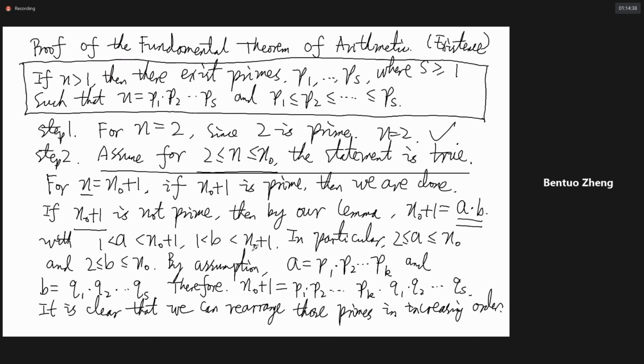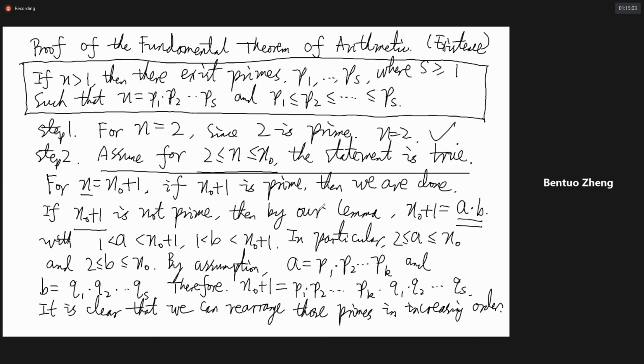Then you get the final conclusion: n0 plus 1 is the product of primes. The order is easy because this is a product of finitely many primes. You can always rearrange it in ascending order. So this is a proof of the fundamental theorem of arithmetic.